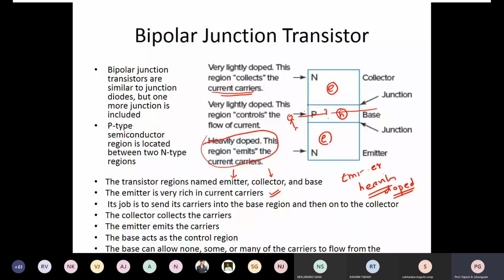If it is partially open, some of the electrons will go from here to here. And if it is completely open, a lot of electrons will be going over there. So this base performs the function of control. Please remember this.